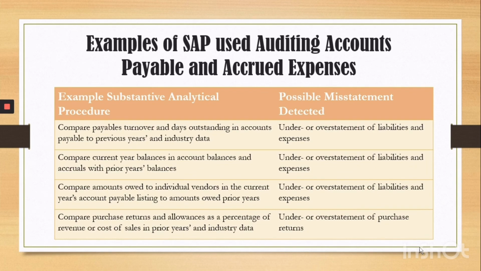The next slide is on the examples of the substantive analytical procedure used in auditing accounts payable and accrued expenses. As we can see in this table, there are two different possible misstatements detected, which is either under or overstatement of liabilities and expense, or under or overstatement of purchase returns.